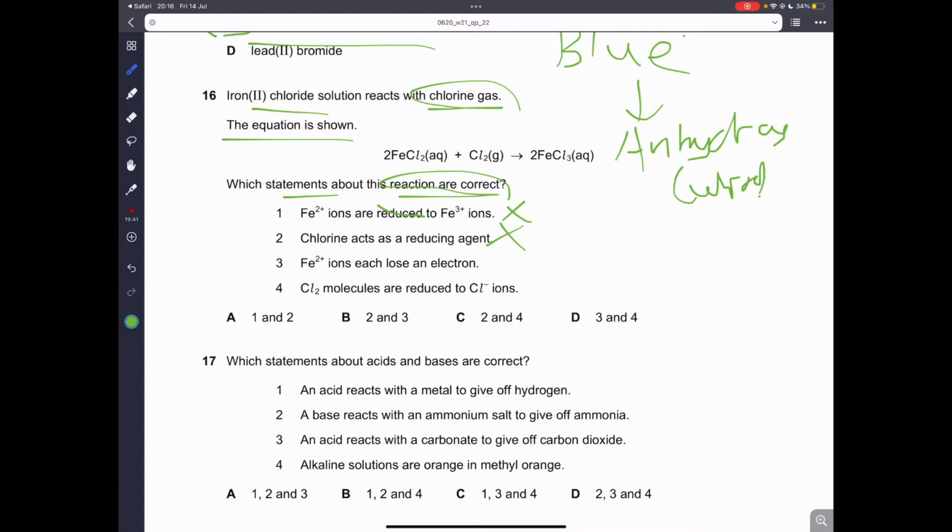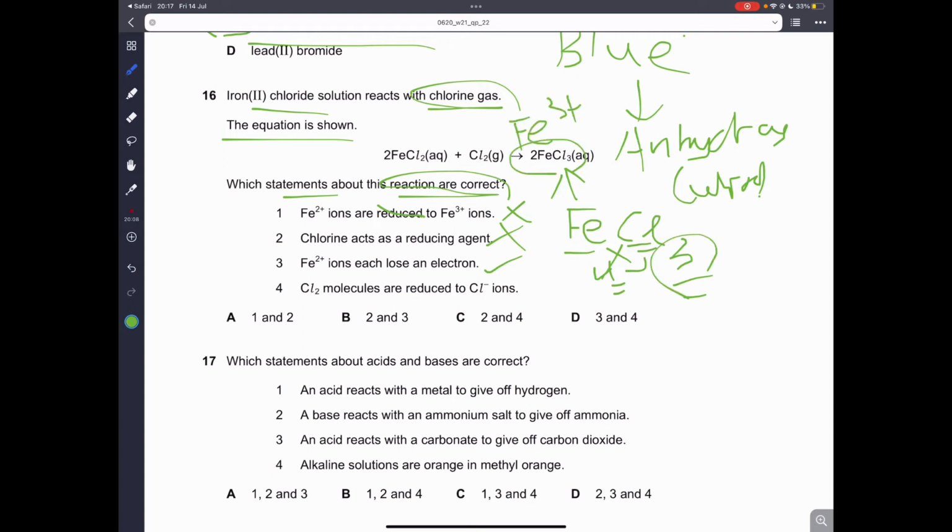This is correct. Because as you can see, the other side is FeCl3. We can look at the charge. So it's basically swapped under each other. If the Fe charge is 3, it's going to be under Cl, and if the Cl charge is -1, it's going to be under Fe. So basically you just switch them across, like a cross pattern. And so we can know that the other side is actually a Fe3+ ion.